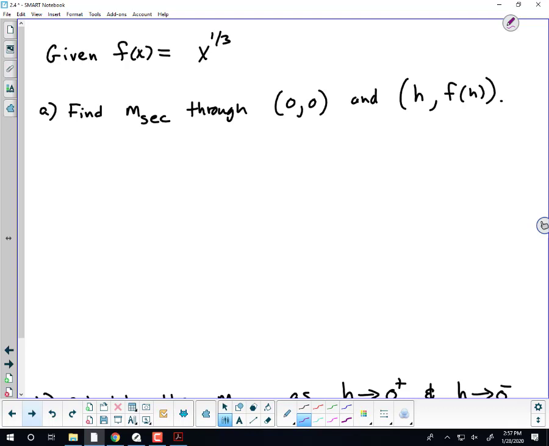In the first part, we want to find the slope of the secant line through the point 0 and h comma f of h. So the point 0, 0 is on the graph of x to the 1/3.